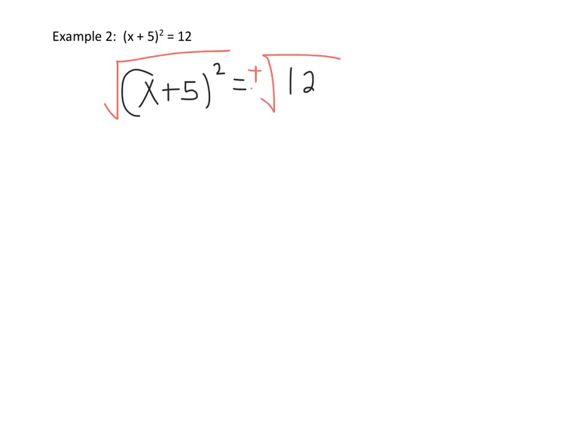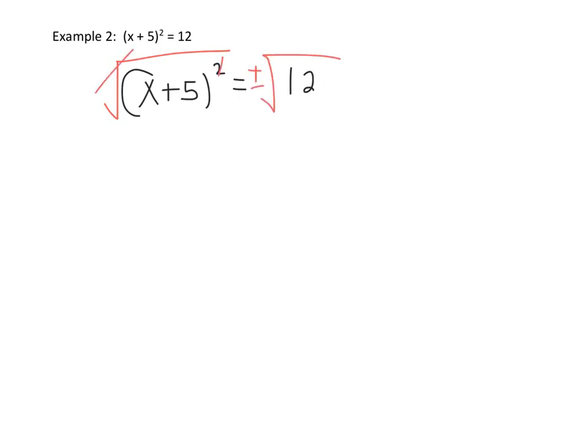Let's do another example. Remember, to solve these ones, you must isolate the square. So here the square is isolated, so I have x plus 5 squared is equal to 12. So I'm going to find the square root of both sides. I need to remember plus or minus.